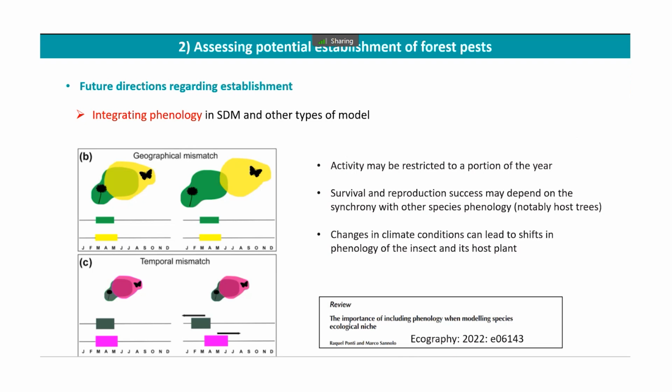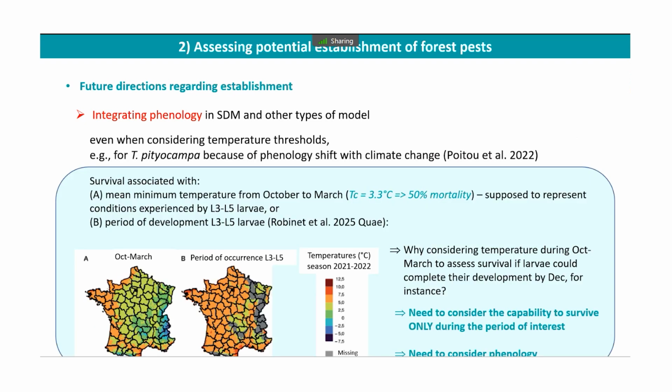So, as it is said in this review from Ponti and Sanolo, it is very important now to try to integrate phenology in species distribution models. And this future direction is also valid for any models describing establishment, not only species distribution models. Even when we're using a model considering a single temperature threshold, it is very important now to try to refine this by considering phenology.